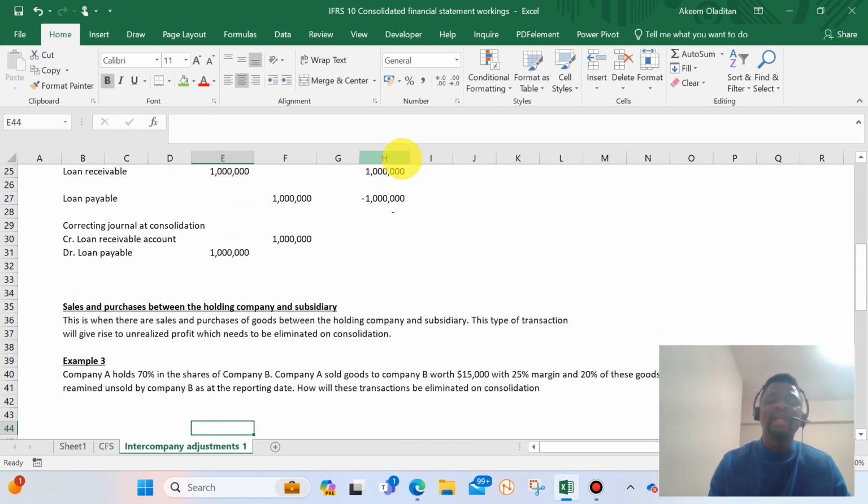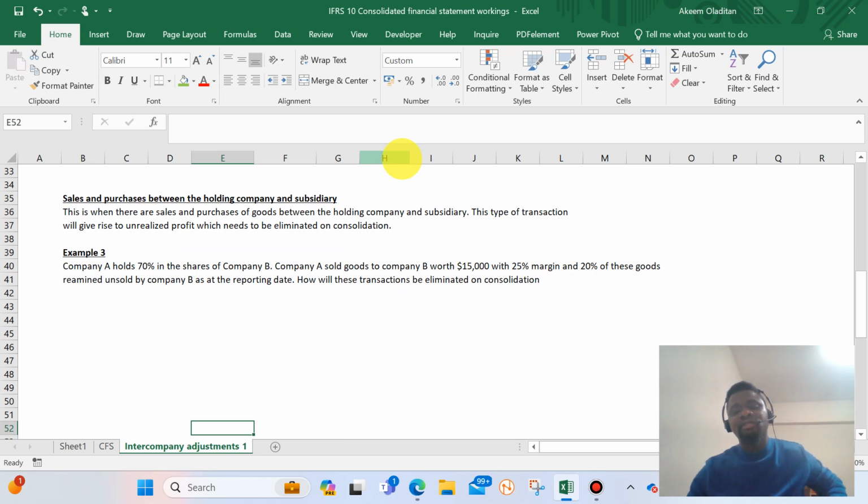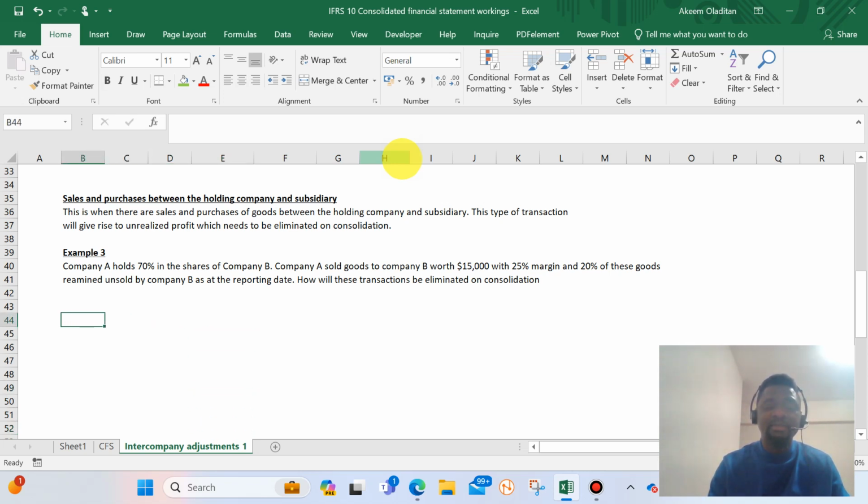But let's go further by looking at what those transactions are that could have caused intercompany entries between these entities. One of them that we talked about earlier is sales and purchases between the holding company and the subsidiary. This is when there are sales of goods or purchases of goods between the holding company and the subsidiary.